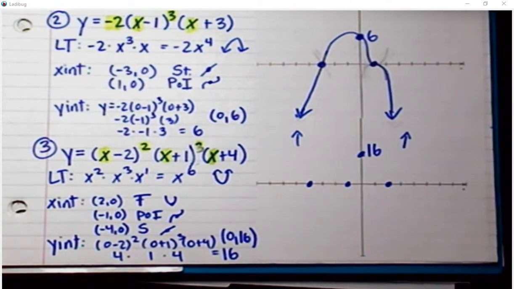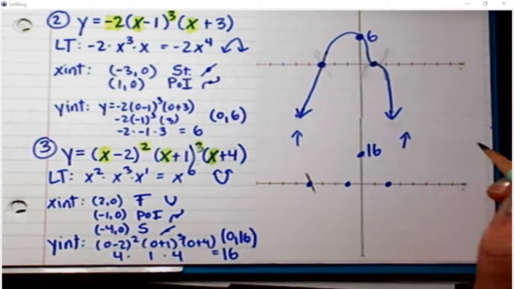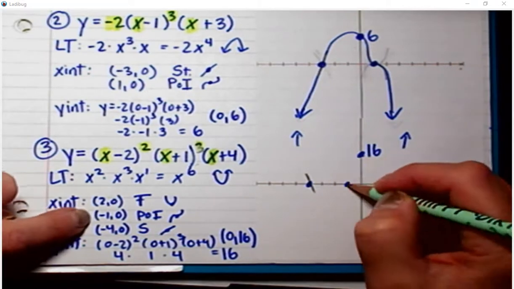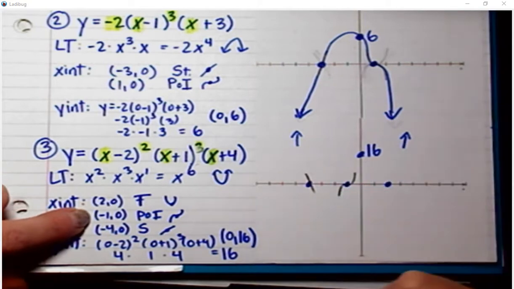So it goes there. 16, because make sure you squared the -2, which is +4, and you cube the 1, and then you have the times 4. So straight. At -1, it's a point of inflection. So it's that flattening piece.